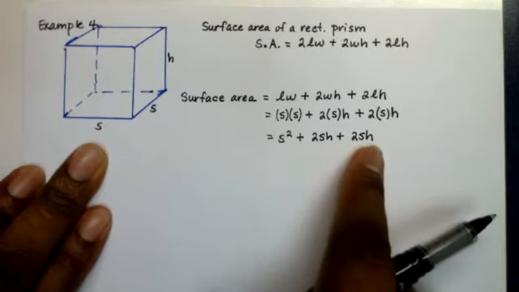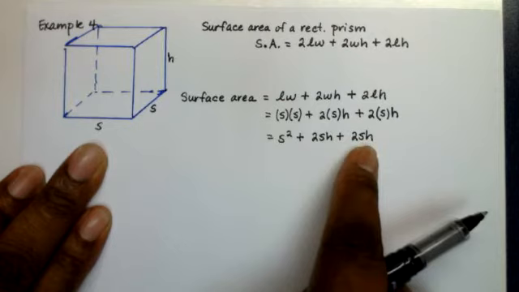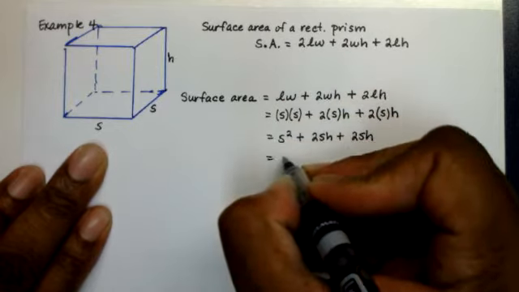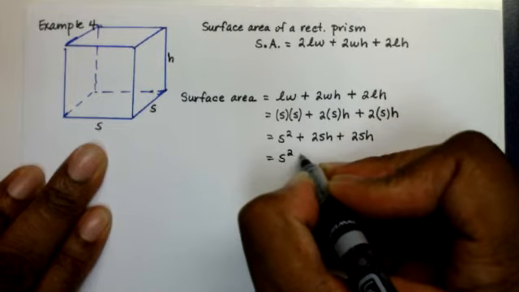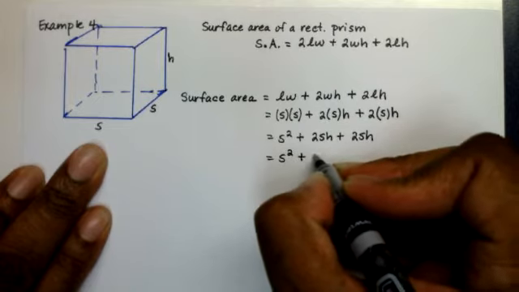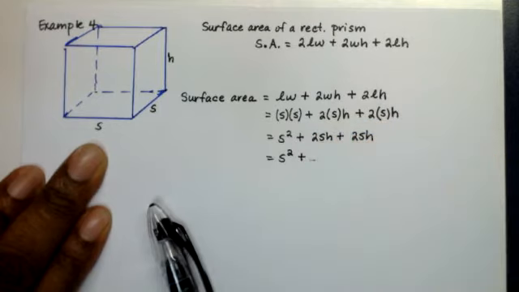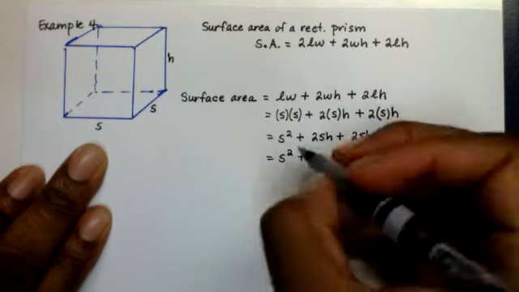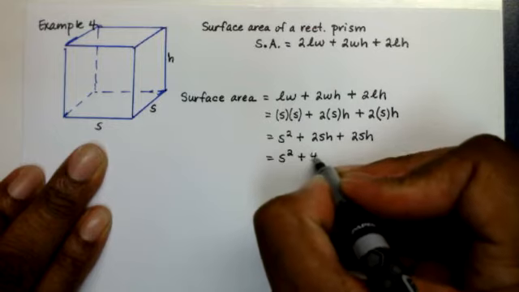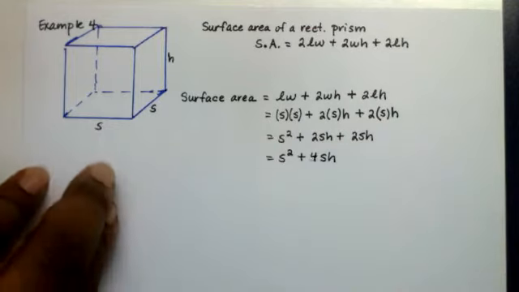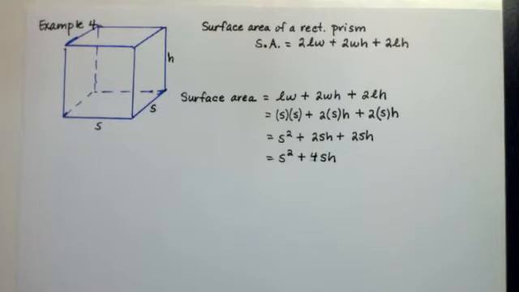If I combine like terms, 2Sh plus another 2Sh will be 4Sh. So the surface area for this rectangular tank will be S squared plus 4Sh. Okay, so that's our formula for the surface area of that tank.